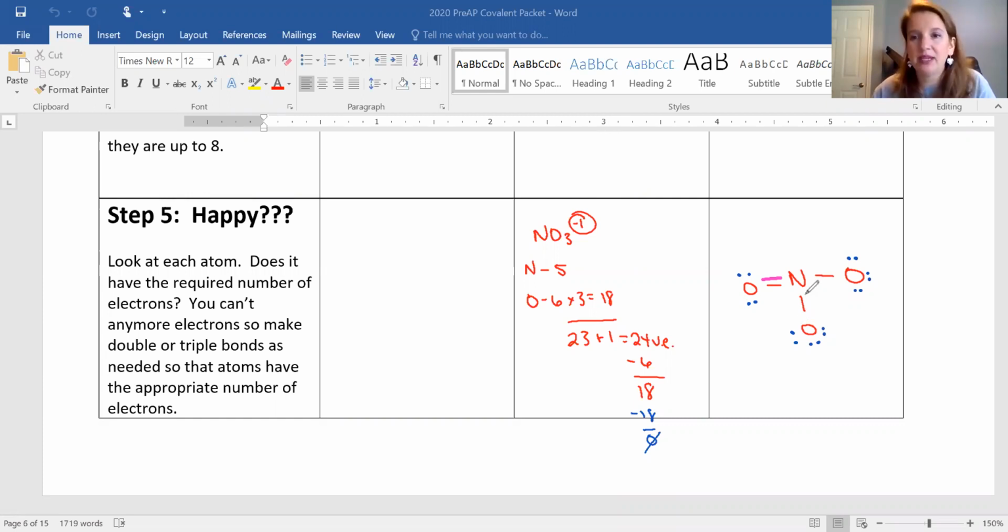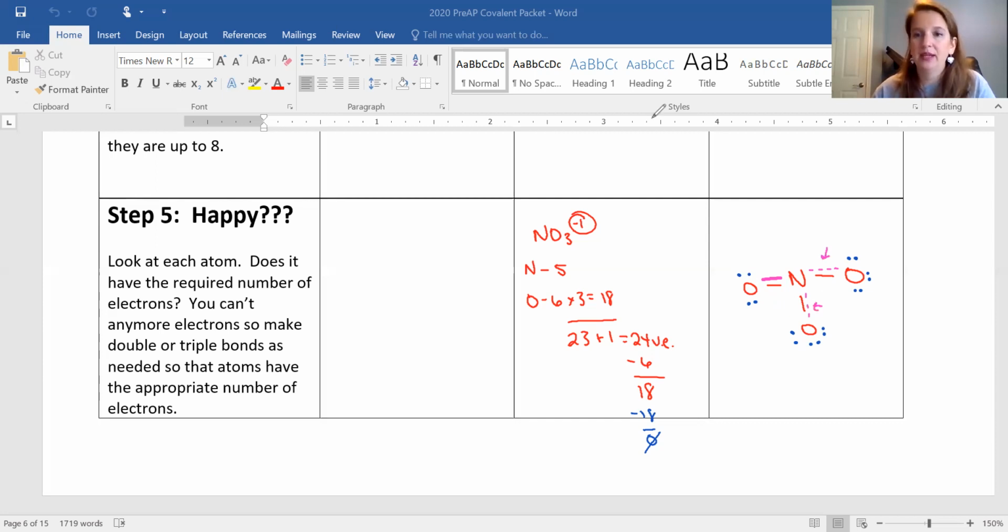And resonance just means that we show that the double bond could exist in any location by making a dotted line in the other locations where that double bond could exist. So we have 2 solid lines over here to indicate the double bond, but then the rest of them are dotted lines to indicate the double bond could be here or it could be here.